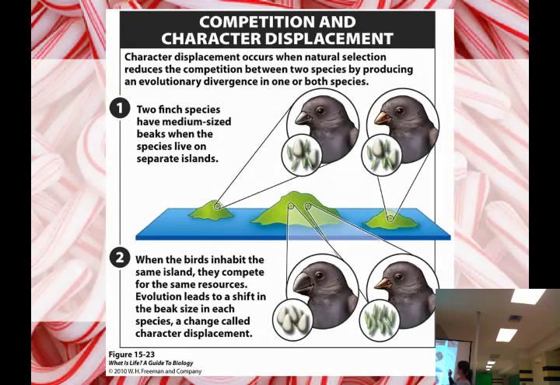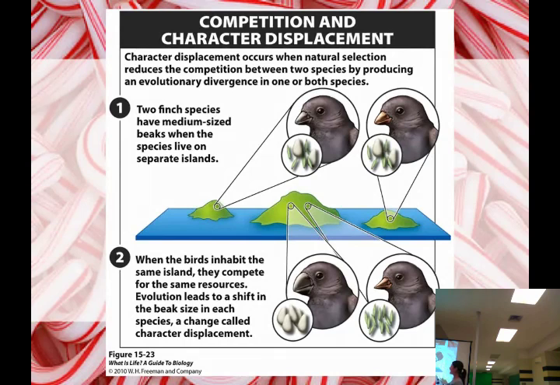If you look at the Galapagos Islands, there's lots of different species of finches, and on the different islands we found that some of the finches better eat medium-sized seeds, and other ones better eat smaller-sized seeds.